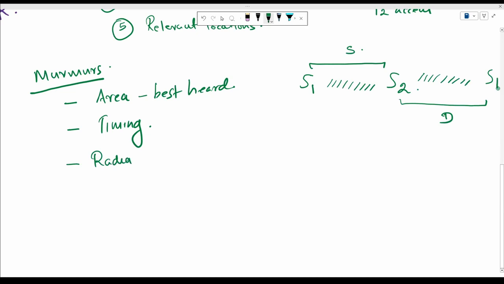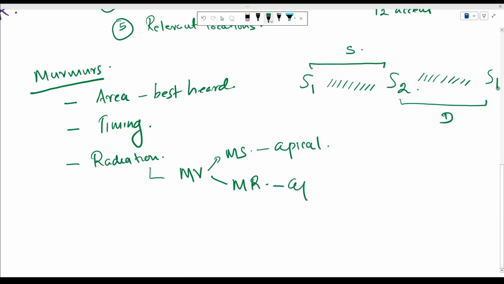Next is the radiation. The radiation is very important because each murmur, depending on the etiology, can radiate to various regions. So, for example, if it is a problem in the mitral valve, it could be either a mitral stenosis or a mitral regurgitation. A mitral stenosis would be heard best at the apical region. There might not be a certain radiation.